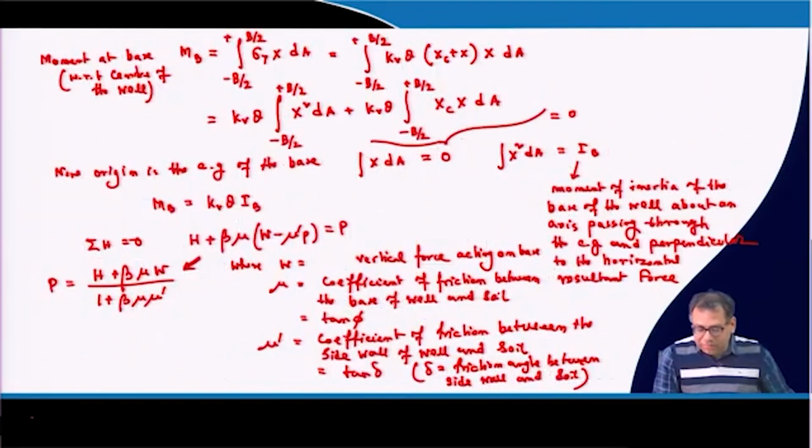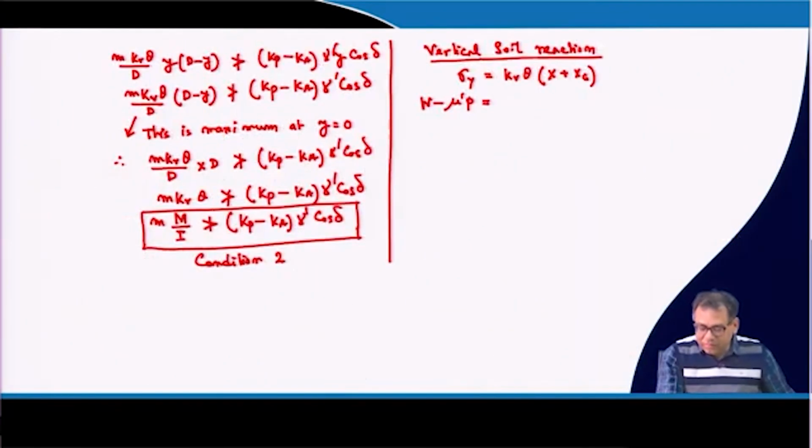So, the vertical force W minus mu dash p should be equal to the summation of the soil reaction which is acting at the base of the well. The soil reaction is the vertical stress sigma y, and if I integrate it over the area of the base of the well, then I will get the total soil reaction, which should be equal to the net downward vertical force.